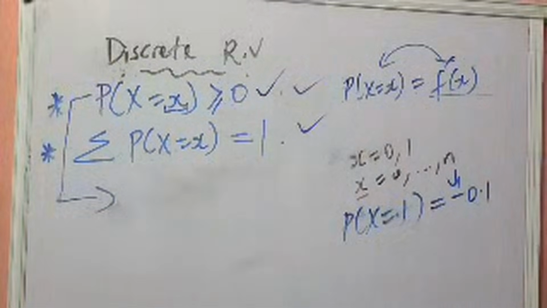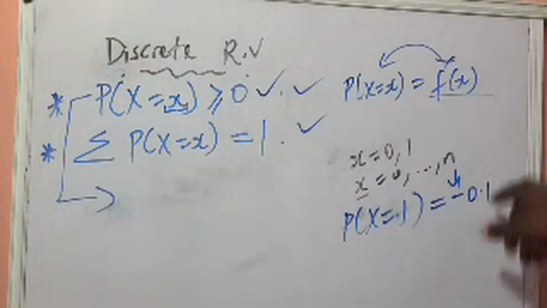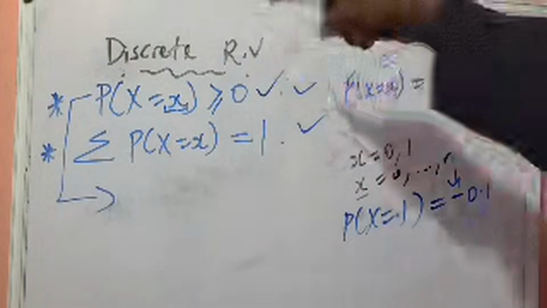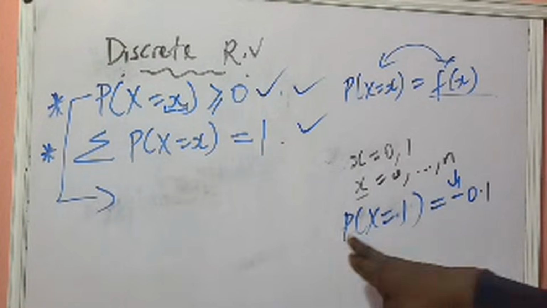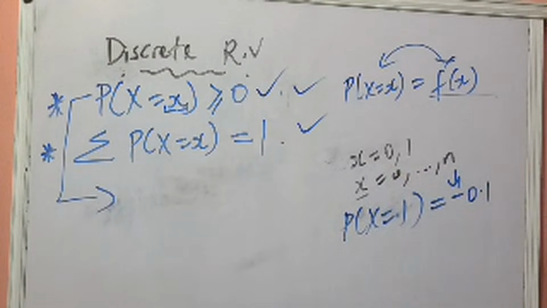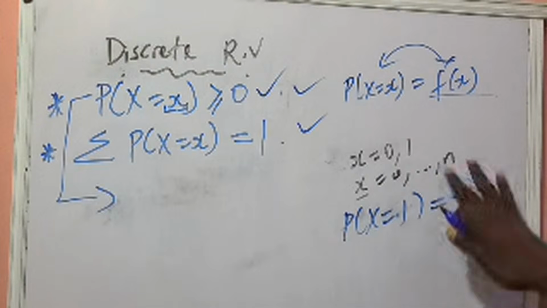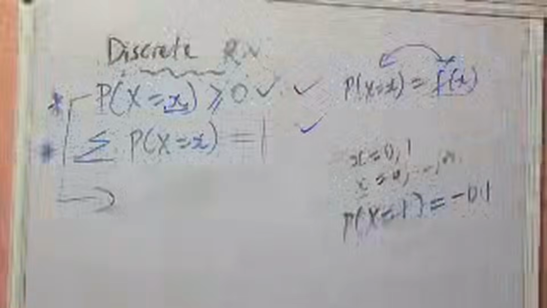So once you have a situation where you are getting your probability as minus something, that tells you already that that can never be a discrete random variable. So in any case where you discover that there is a possibility or chance for you to say your probability of a random variable happening is equal to a negative answer, just count that out from being a discrete random variable.